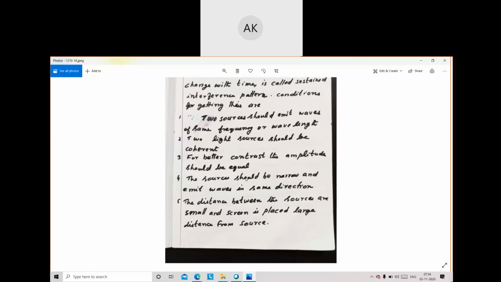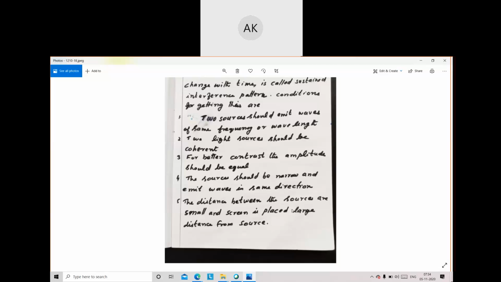Then sources should be narrow, like a laser beam, and they should emit waves in the same direction. Then the distance between the sources must be small, but the distance between the sources and the screen is large.